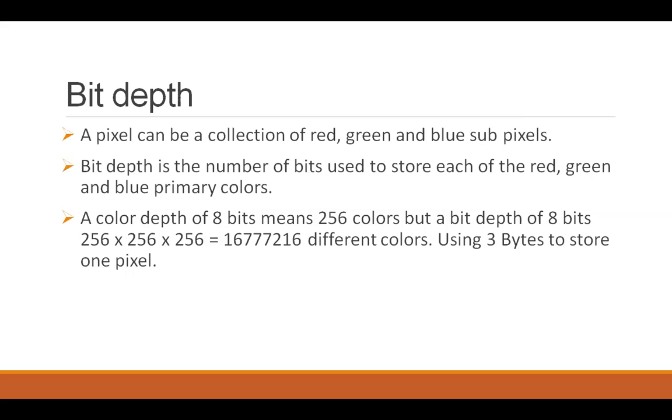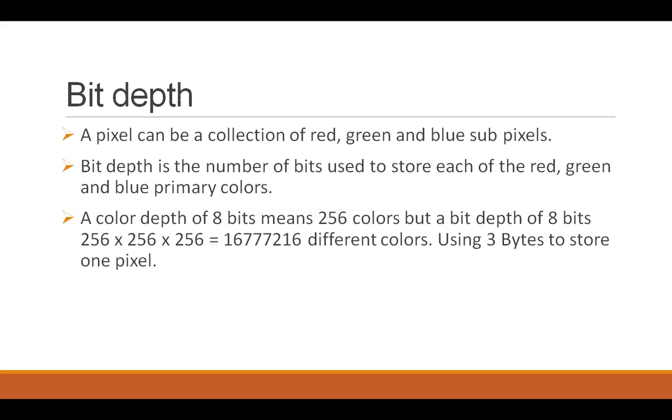Now, the bit depth means how many shades of red or how many shades of green or how many shades of blue are available to the subpixel. If I have a bit depth of 8, it means that my pixel is going to have 24 bits because it is consuming 8 bits for red, 8 bits for green, and 8 bits for blue.